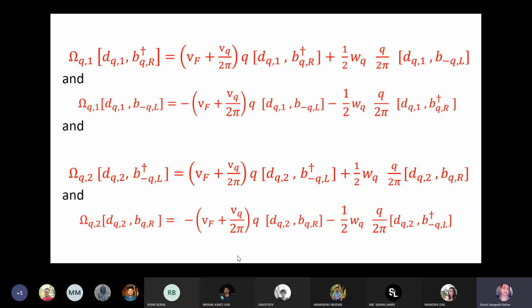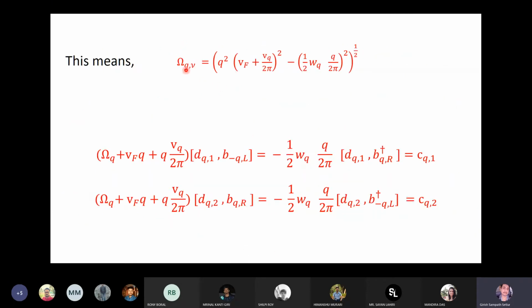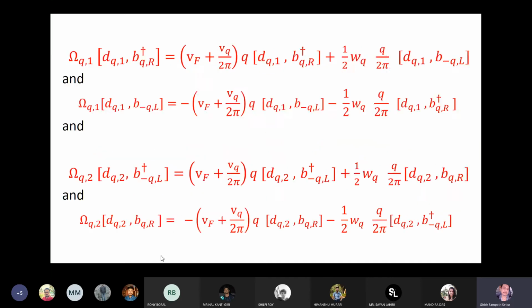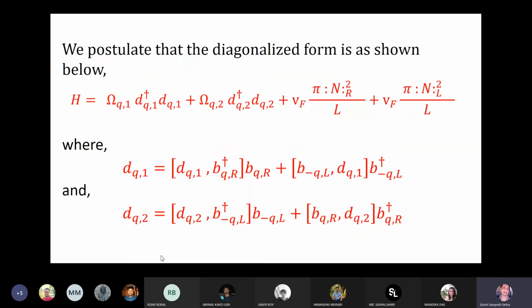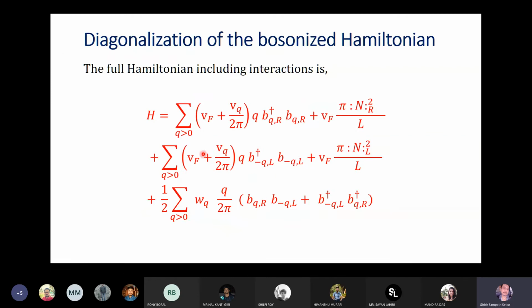So now you see that this omega, remember you have to also make sure that in the limit, we ignore the minus root, because when you take VQ equals WQ equals 0, you should get back the non-interacting theory. Remember what that is: if all the interactions are 0, there's just VF. So it's VFQ everywhere.